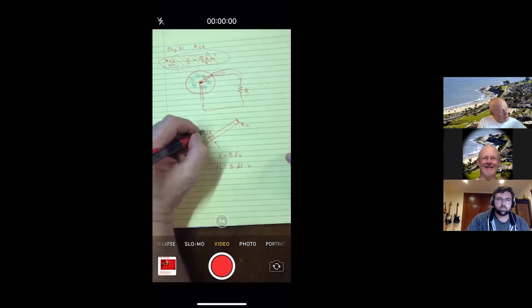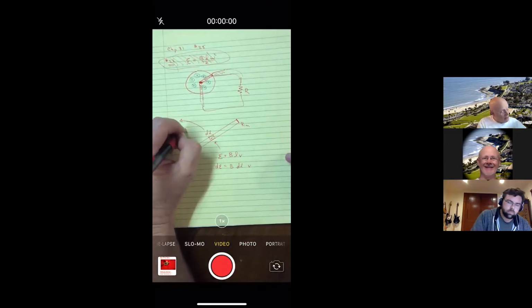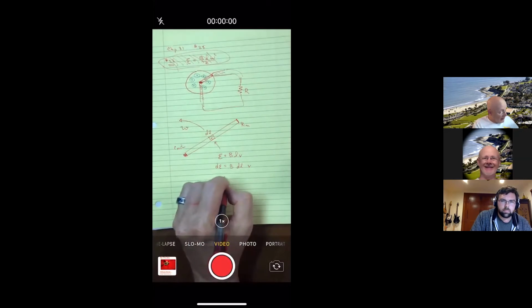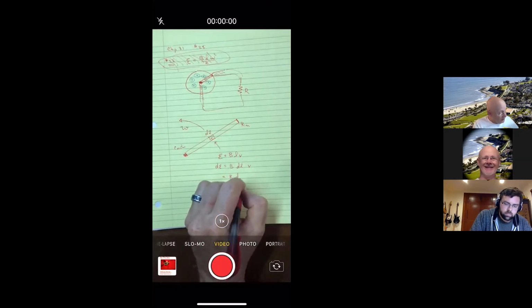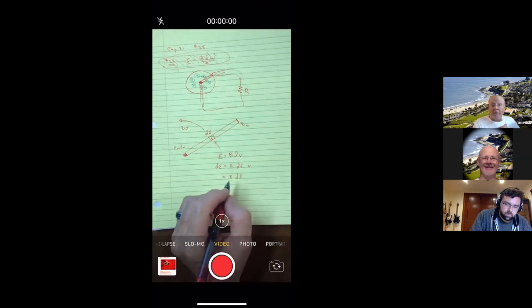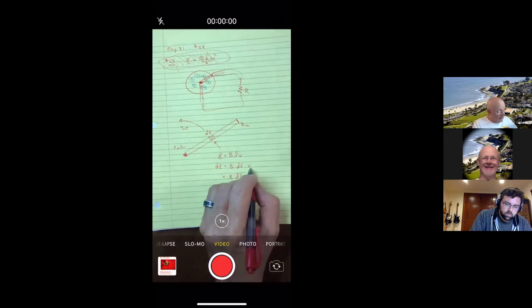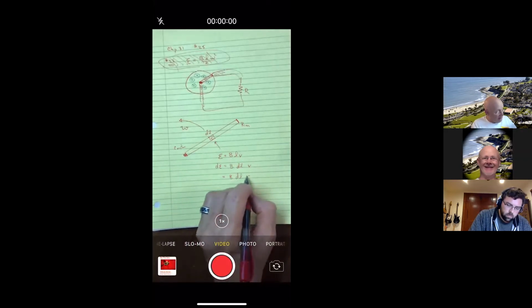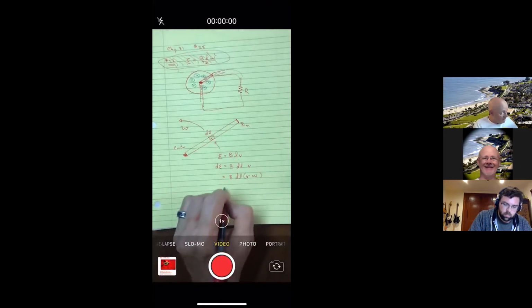If I realize this is rotating around with a speed omega, I'll need to go back to Physics 121 for this, but the velocity would be the position, how far away is it from the center, r, times the angular speed.